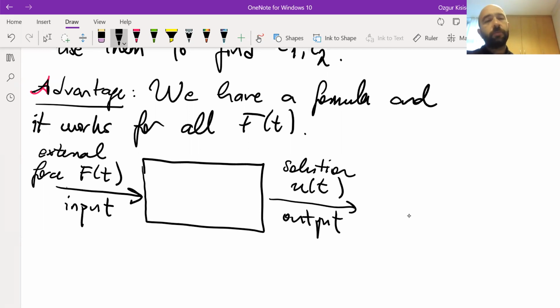This might be quite sensible. For example, just as a real life possible example of this, this external force could be something coming from outside, like an earthquake, maybe, okay? And the solution u(t) might be a certain displacement in, let's say, one element in a construction, like one junction at some point in the building or something like that.